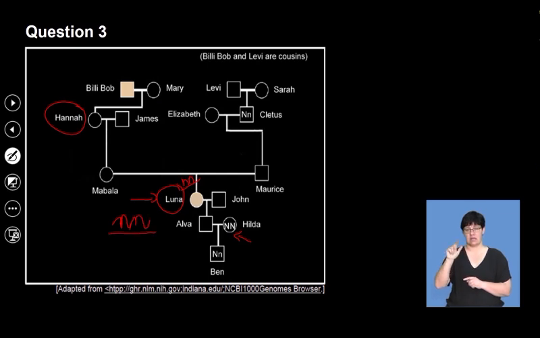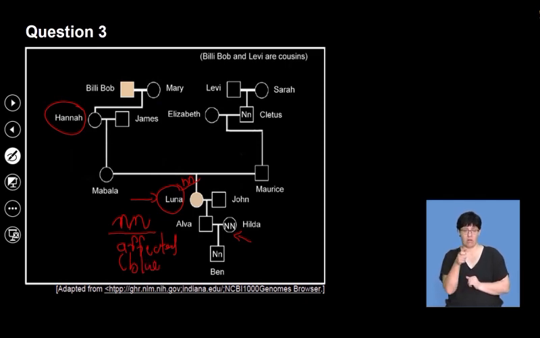So that would be her genotype, and her phenotype would be that she would be affected by this condition and her skin color will be blue. So we call this a homozygous recessive individual, an individual that shows a phenotype, in this case skin color being blue.